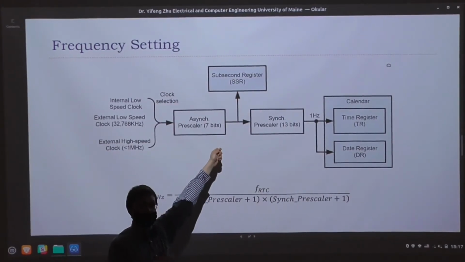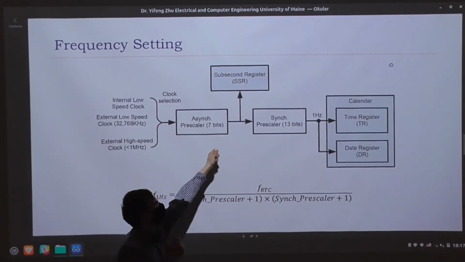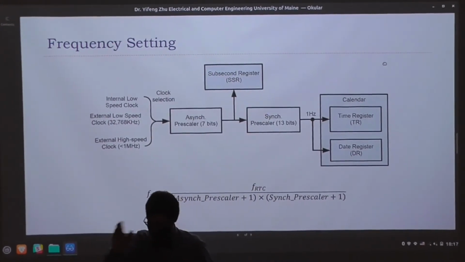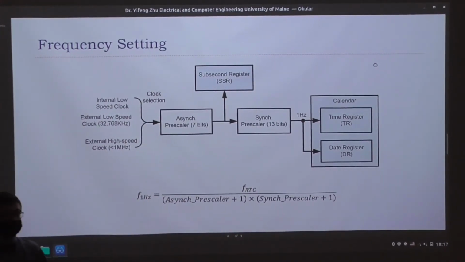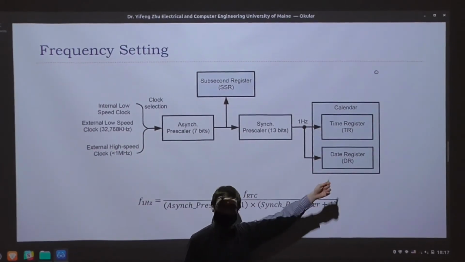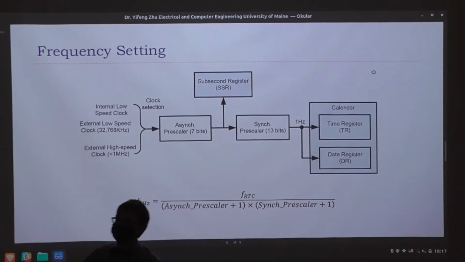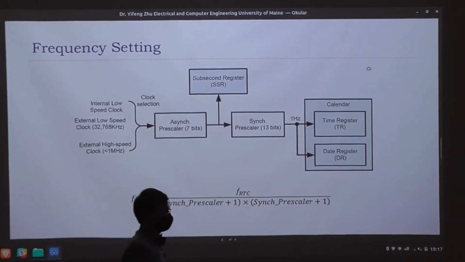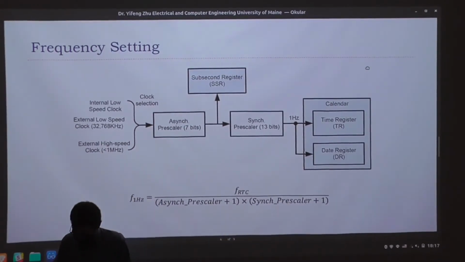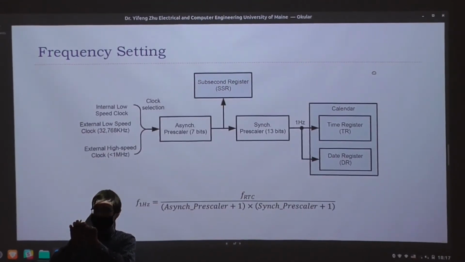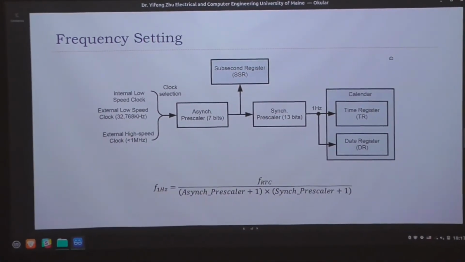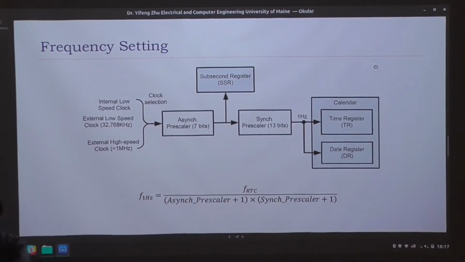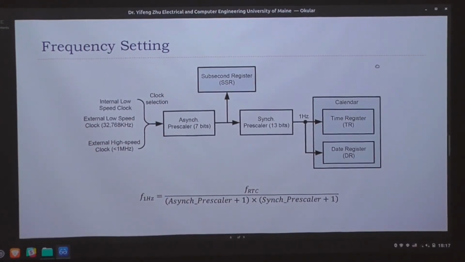So you have a register for the milliseconds, right? You have a register for the regular time, which is hours, minutes, and seconds. And then you also have a date register, which keeps track of what day and what month you're on and all that kind of stuff. So we're sort of decoupling ourselves now from the idea of Unix epoch time into real time as readable.